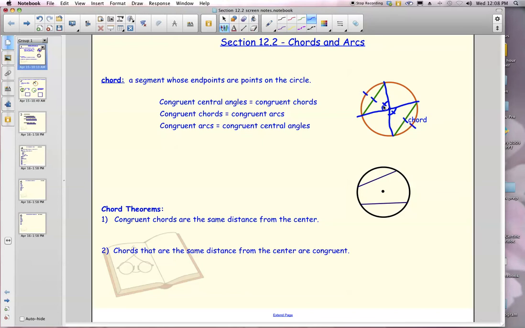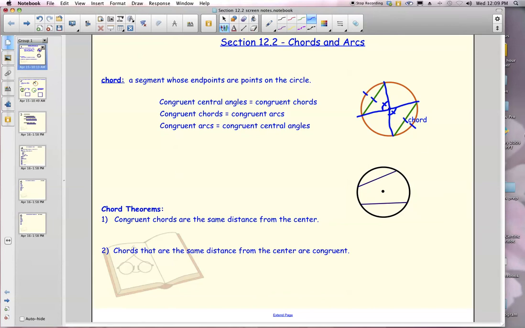All of those things, if one of those holds true, then all three of those things hold true. So they all go together. It's a package deal. If the angles are equal, then so are the chords and so are the arcs. If the arcs are equal, then so are the chords and so are the angles. They all go together. That's what this says.